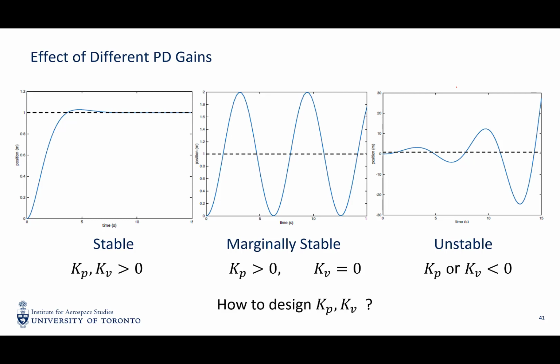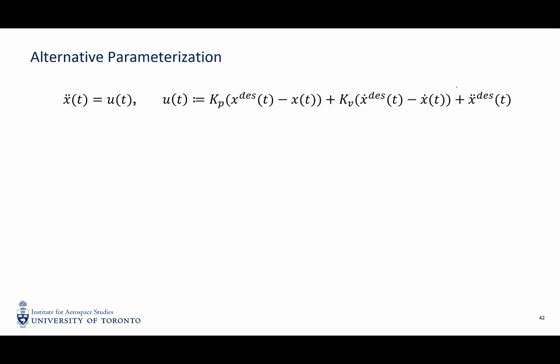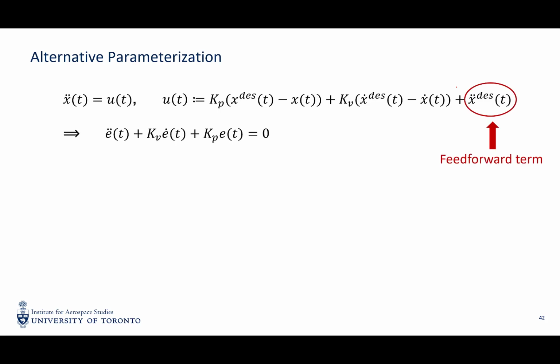Then the key idea is how to design Kp and Kv such that the system will reach a desired performance. Before that, there is something called alternative parameterization.